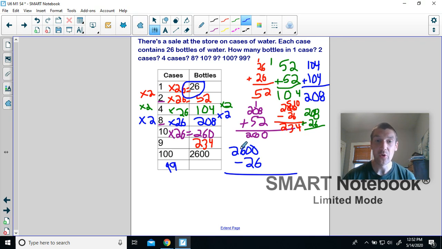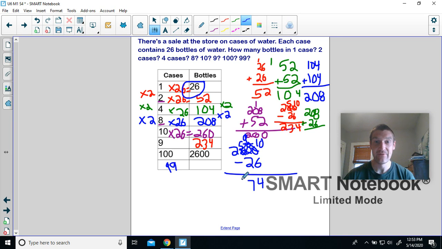So I'm going to borrow all the way from the hundreds and make this 5 hundreds and 10 tens. Oh, this is going to get a little messy here. Now I got to borrow from my 10s now to pass it on to my 1s. So instead of 10 tens here, this is really 9 tens. And now I have my 10 1s. Now I can subtract. 10 1s minus 6 1s is 4 1s. 9 10s minus 2 10s is 7 10s.